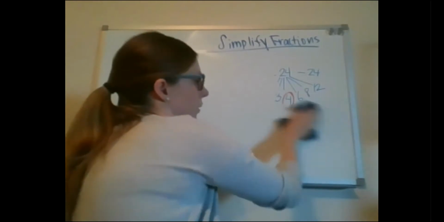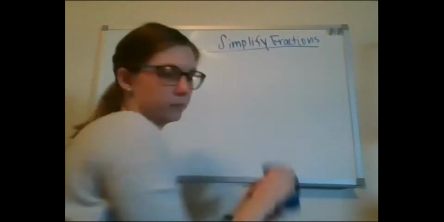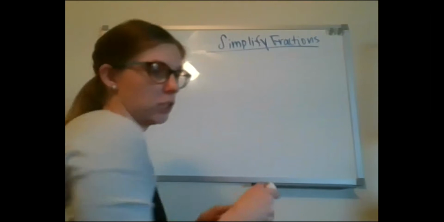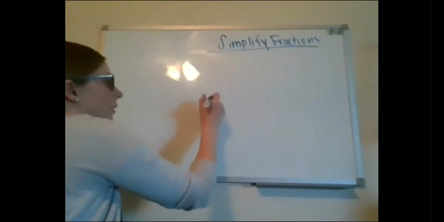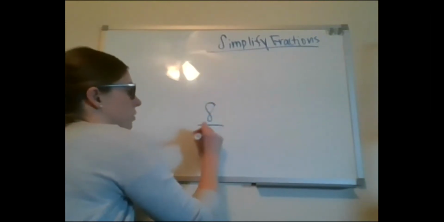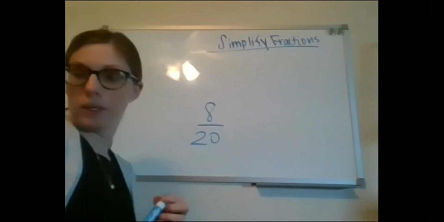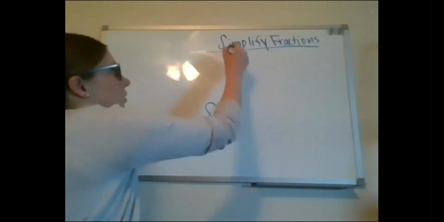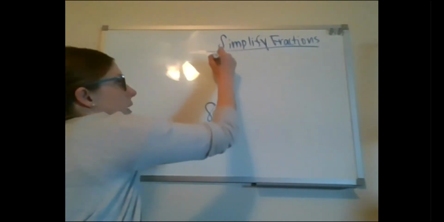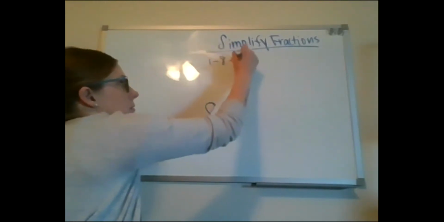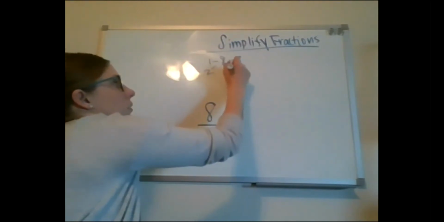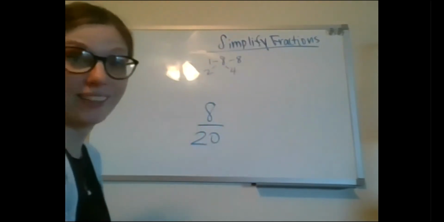The next one we're going to simplify is going to be the fraction 8/20. Okay, so same thing that we did earlier. Let's start with 8. Numbers that can go into 8 would be 1 and 8, 2 and 4, and that's all.